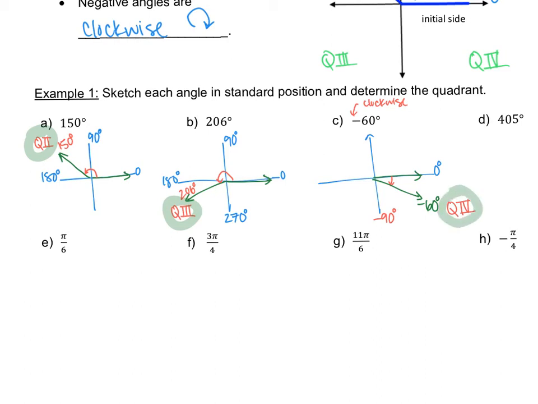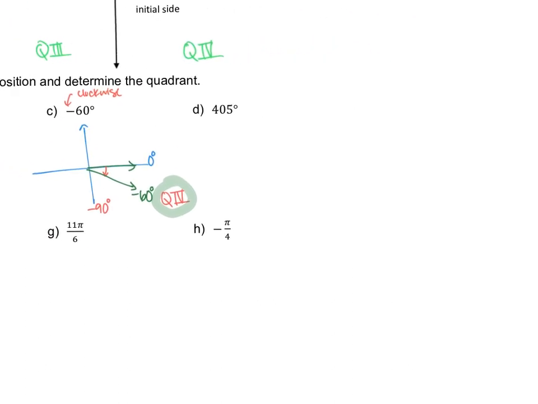And there we go. All right, let's check out 405 and how we would work that out. So for 405, if we were to sketch the graph here, 0, 90 degrees, 180, 270, 360, but that's not enough. This is 405.